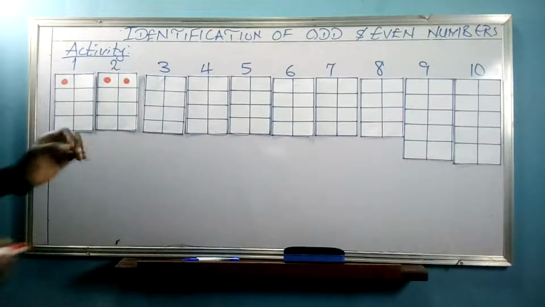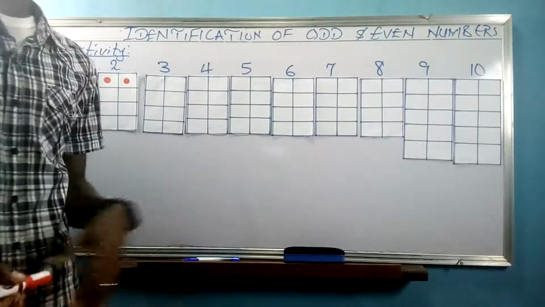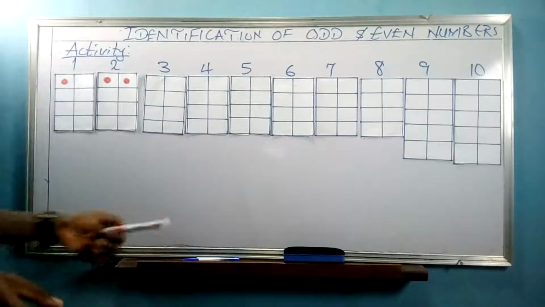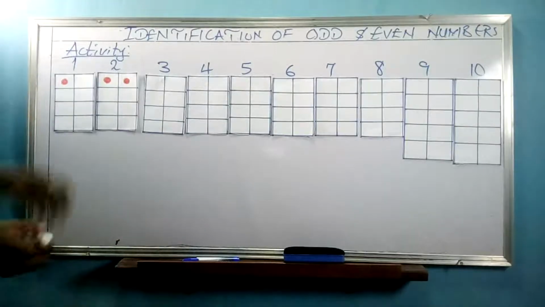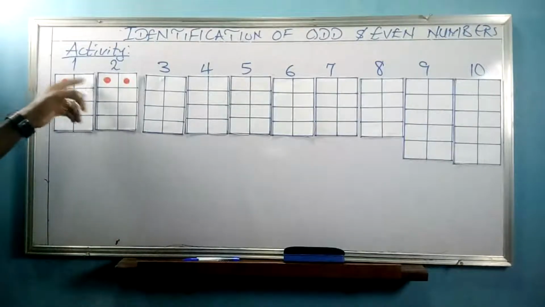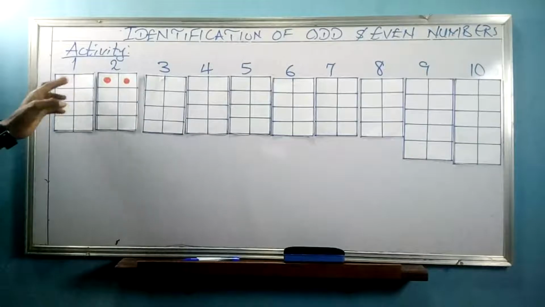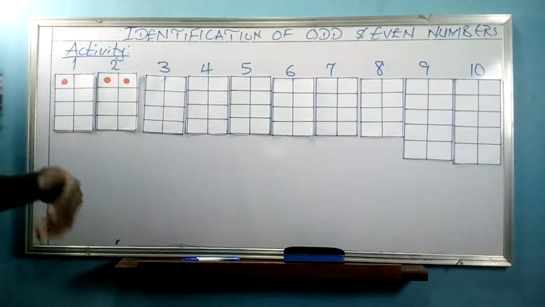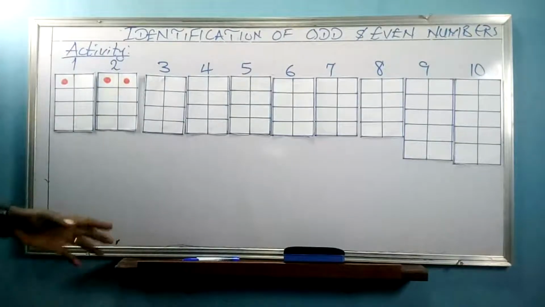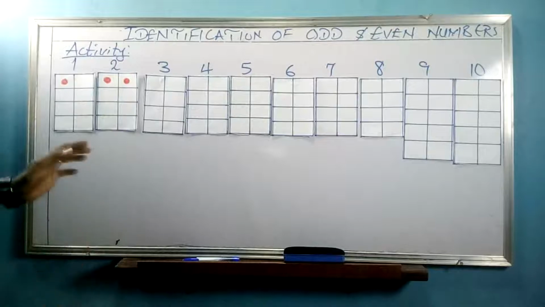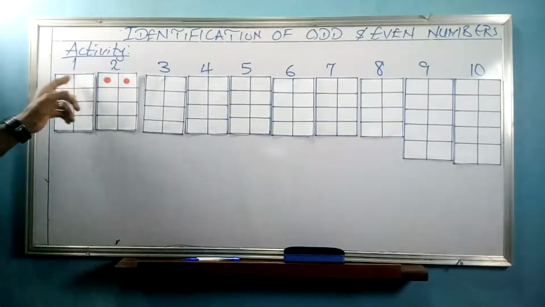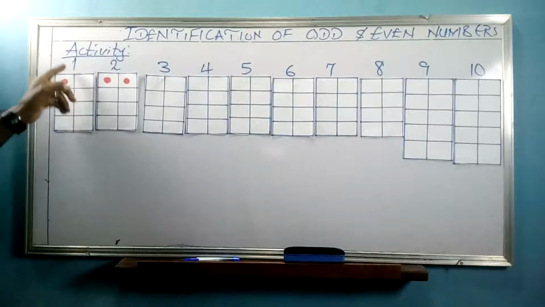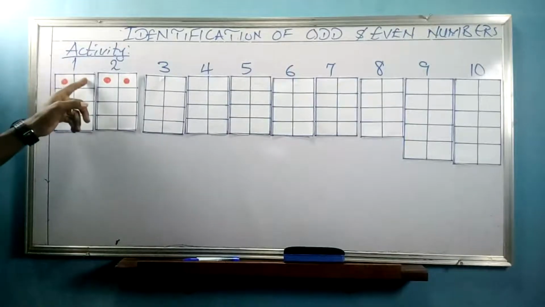When we're talking of odd, in the English language, odd simply means something that is not really regular. So you see that this one doesn't complete its own box. Before you can say something is regular, it must be smooth, it's flat. Look at these boxes now. We have 1 and 2, but this one is only 1, so we can't put the second one there.